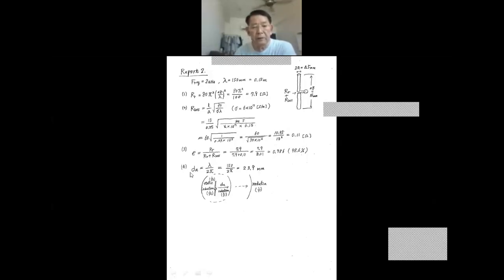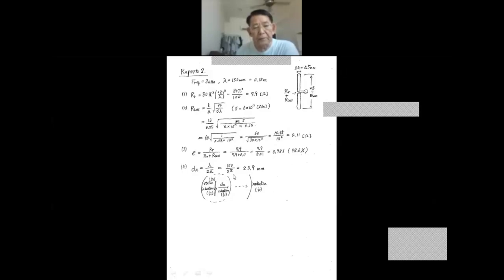And then the near field of this small antenna. Near field means the static field, induction field, and the radiation field. All these three become the same at a distance of lambda divided by 2 pi.